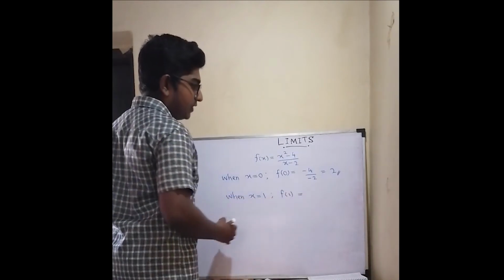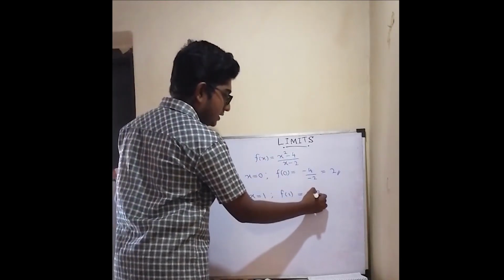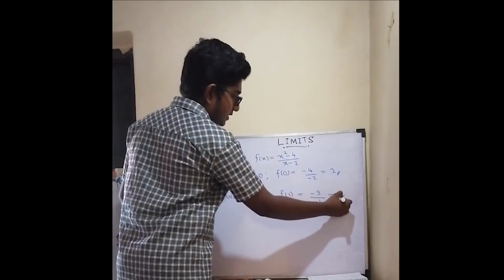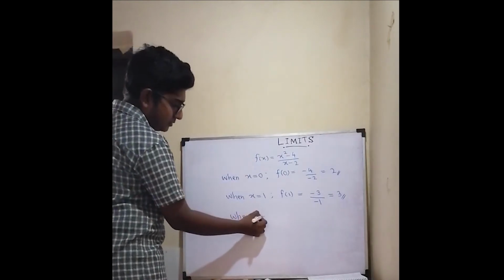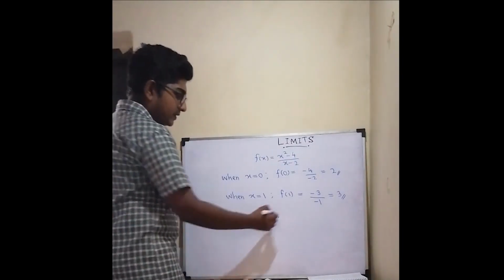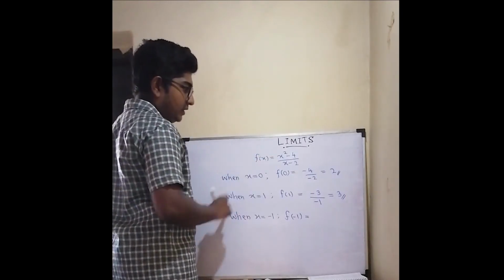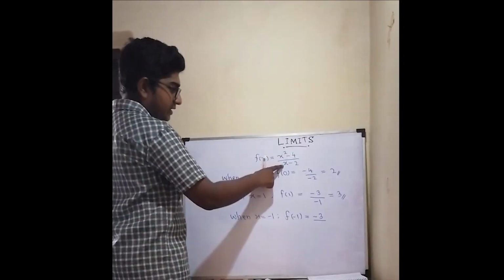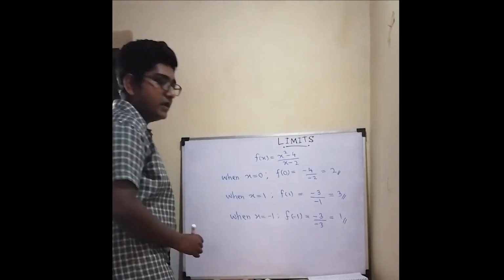F of 1, that is 1 squared, that is 1, 1 minus 4, that is minus 3, then 1 minus 2, that is minus 1. Answer is 3. Then I am going to find an answer for the function when x equals minus 1. Minus 1 squared, that is 1, 1 minus 4 is minus 3, divided by minus 1 minus 2, that is minus 3. Answer is 1.